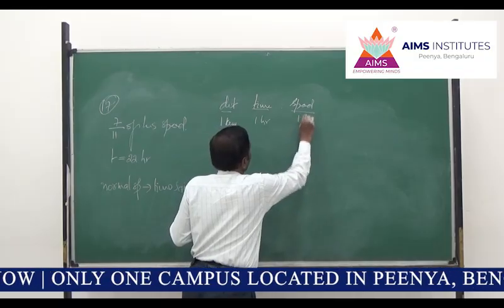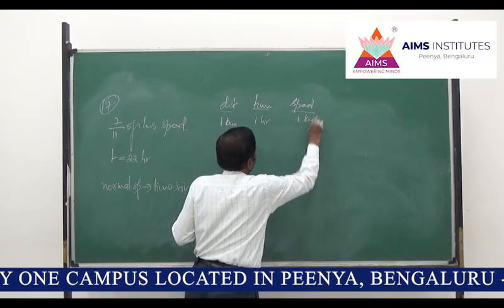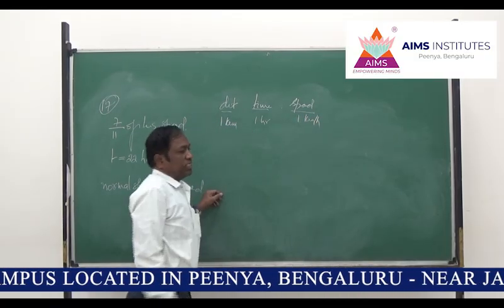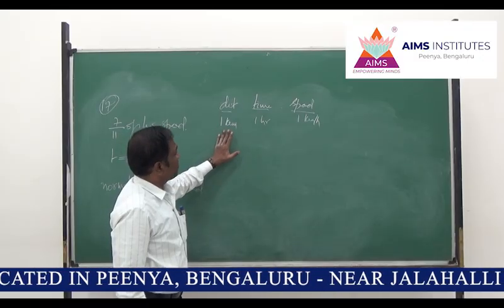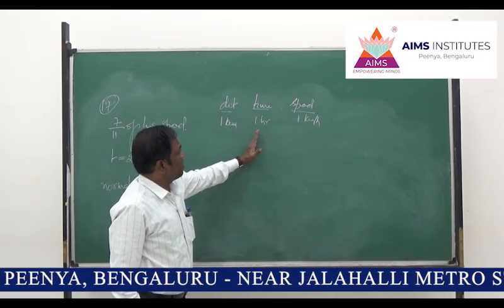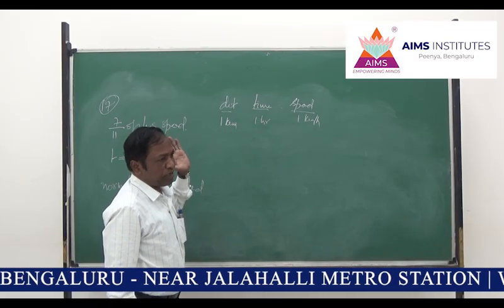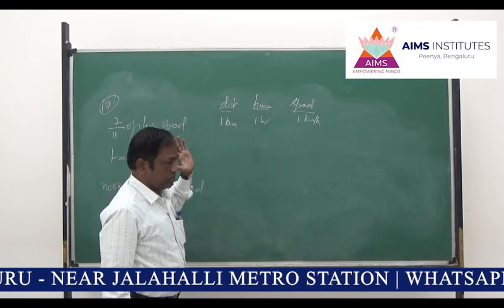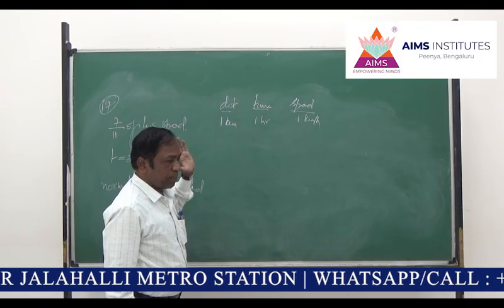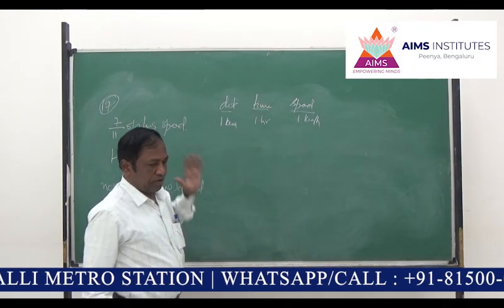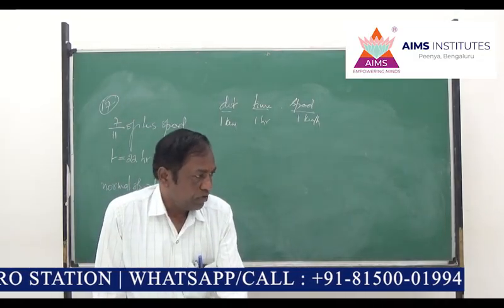What is the speed? 1 kilometer per hour. If the distance is 1 kilometer, time taken is 1 hour. So speed is 1 kilometer per hour. Are you very clear now? Say yes, if yes. Okay, now you got it, no?